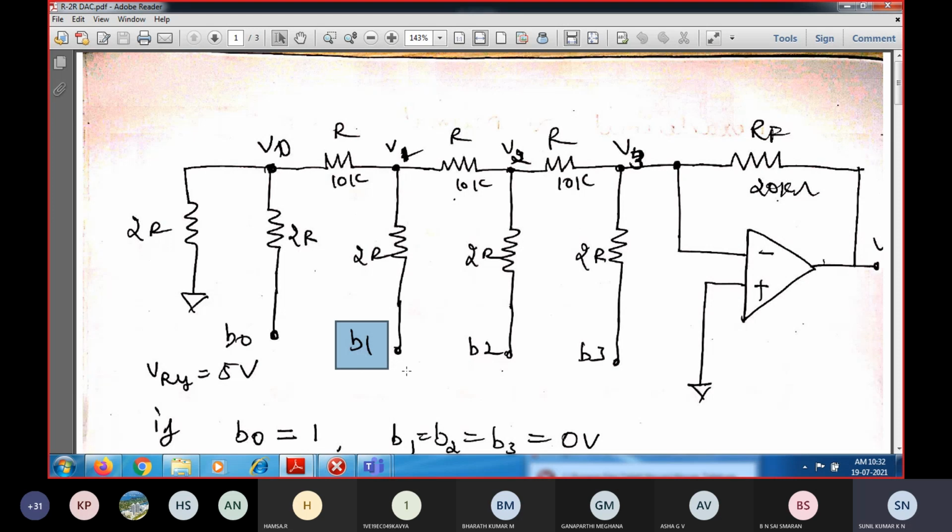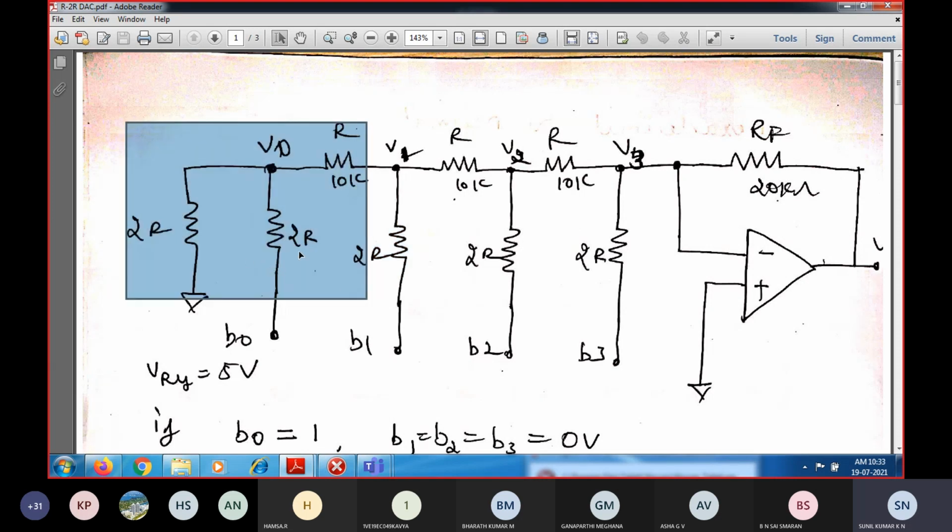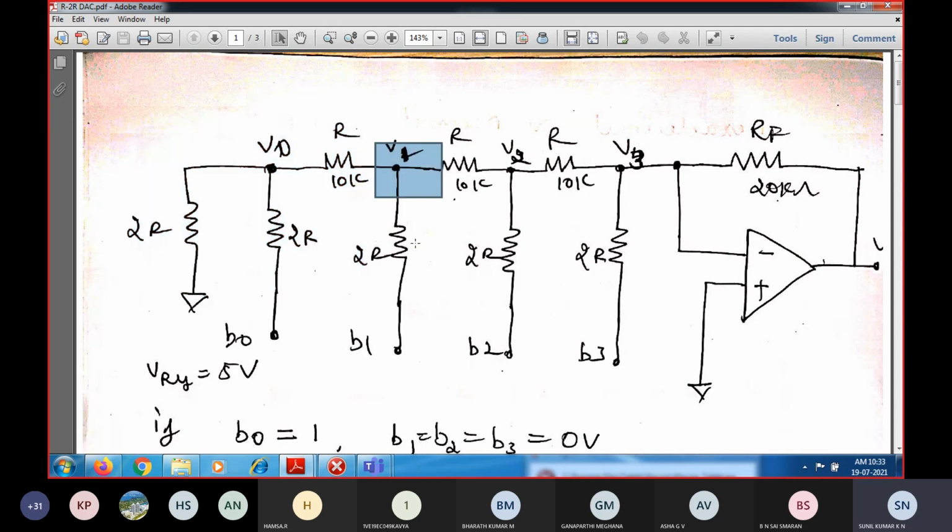So 5 volts will be acting as a reference, and there will be the 2R resistance. The equivalent from here to here, what is the equivalent resistance you will be getting? 2R parallel to R, so it will be R plus R, 2R. So 5 into 2R divided by 4R, so you will be getting 5 by 2, so 2.5 volts over here.